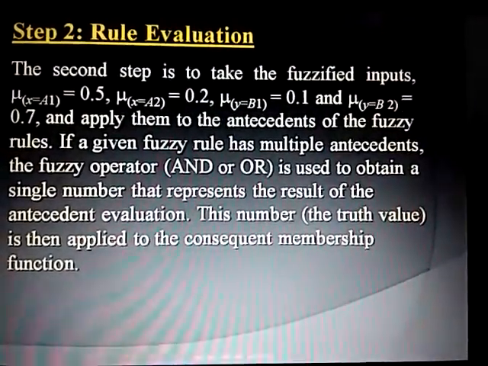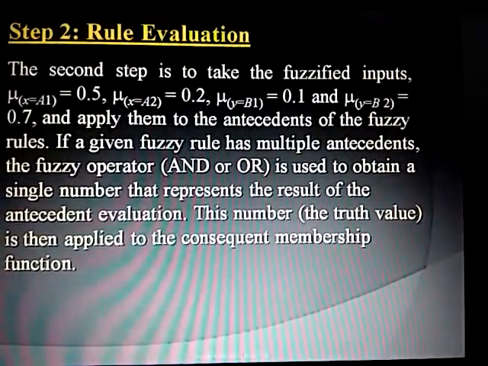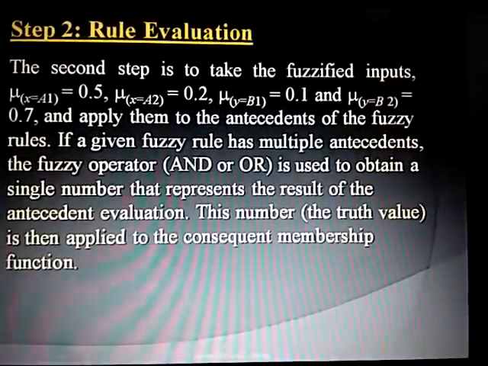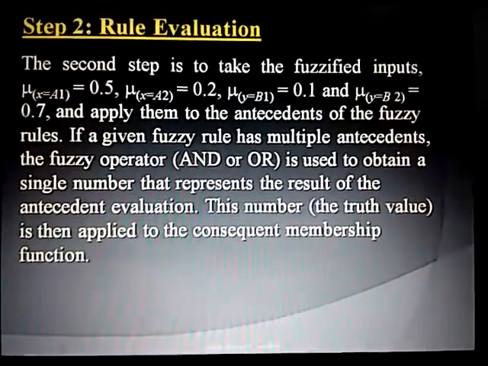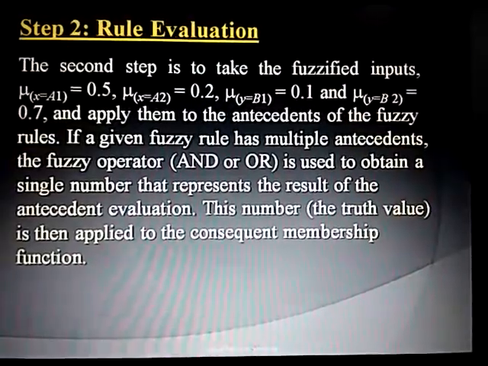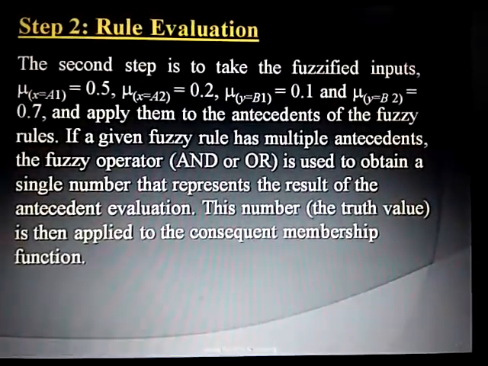If a given fuzzy rule has multiple antecedents, the fuzzy operator AND or OR is used to obtain a single number that represents the result of the antecedent evaluation. This number, the truth value, is then applied to the consequent membership function.